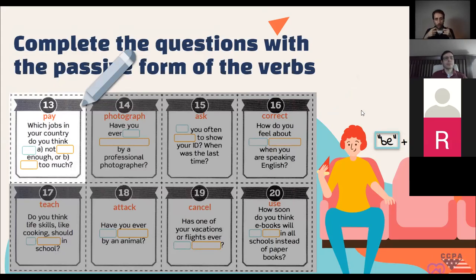You have there a question, and you are supposed to complete that question using the verb you see there. We are supposed to use the verb pay, but we are supposed to use that verb in the passive version, combination of be and the participle.